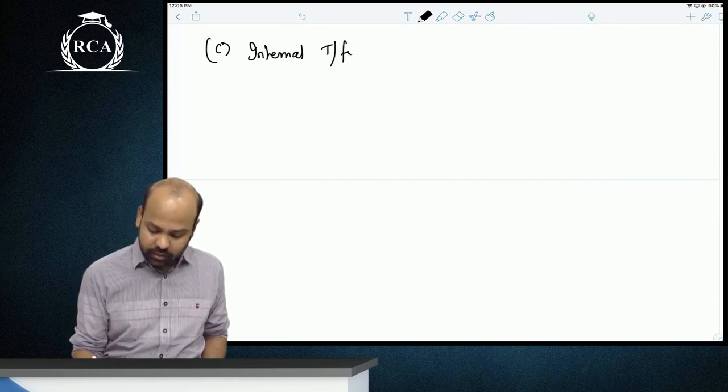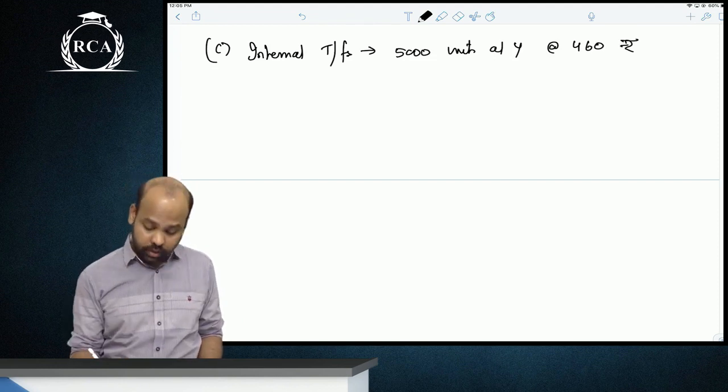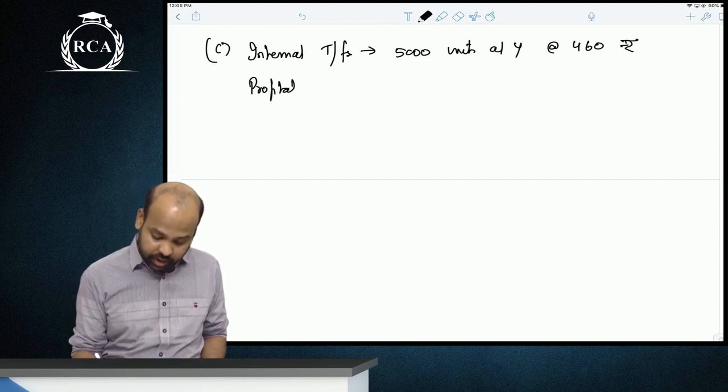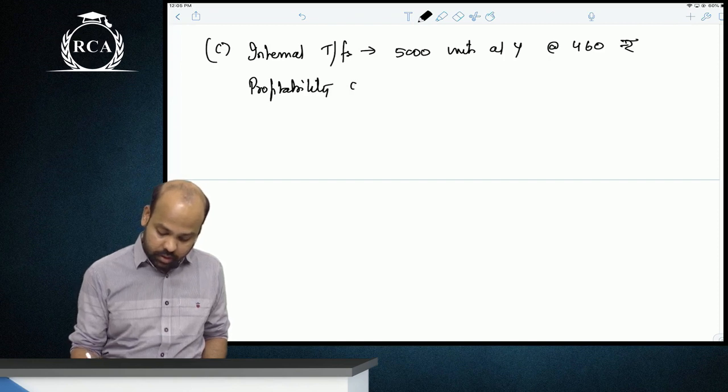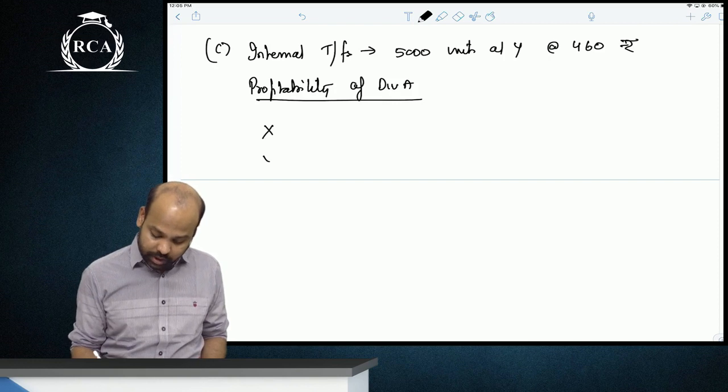Internal transfers, everyone can start doing it with me: 5,000 units of Y at 460 rupees. Now profitability of division A, products X, Y and Z. External sales of X, the output, is only 4,000 units.